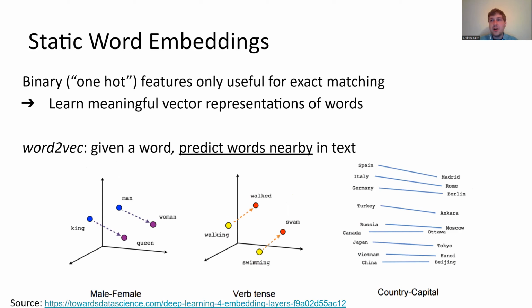I think you've probably heard of methods like GloVe, word2vec, fastText before. These are essentially self-supervised methods for creating word embeddings, and an embedding is a vector representation of a word. Here are some example figures that are commonly used from this website. So you can see that these vectors have some kind of useful properties.